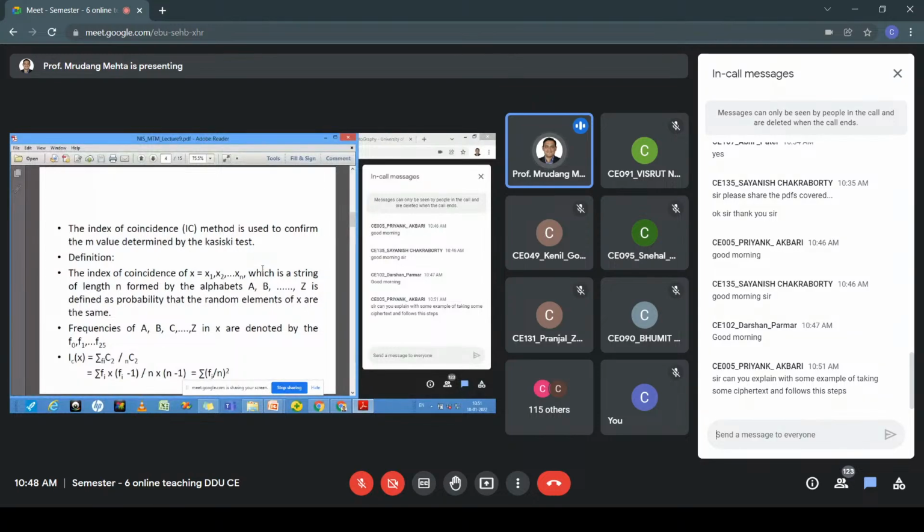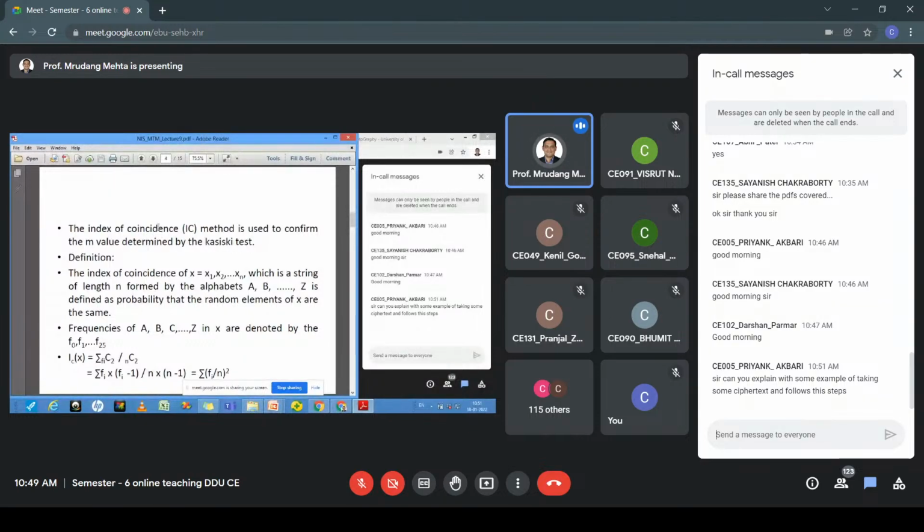But I was highlighting this point: I asked this question in the examination, what is the index of coincidence and what is the use of that. Some of you have written it correctly, although not exactly what is shown in this slide, but the basic context is correct. That is fine.